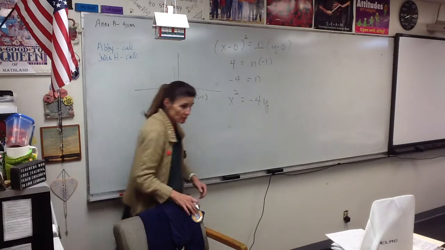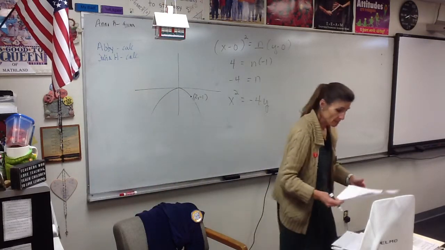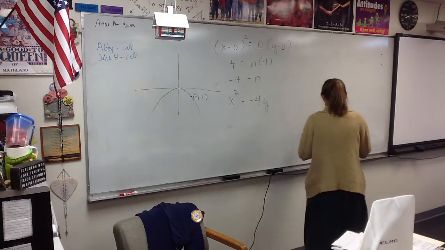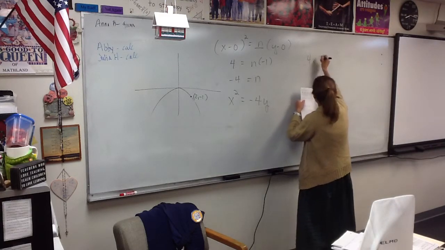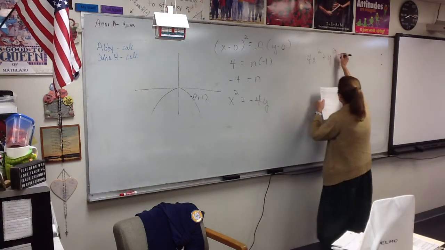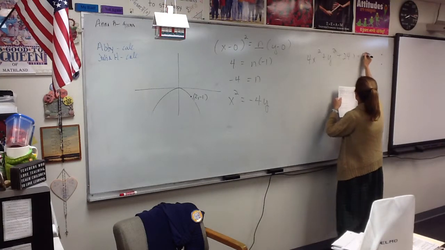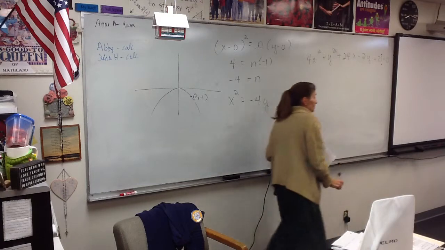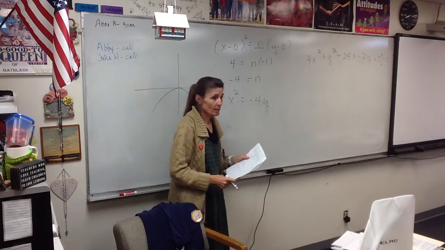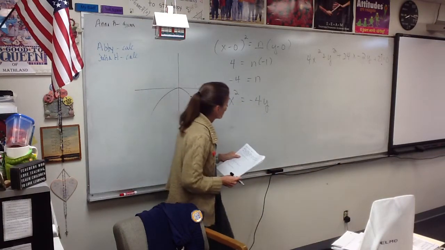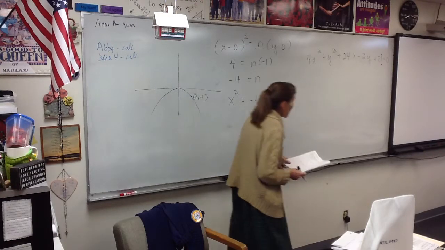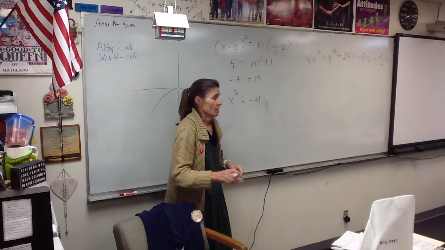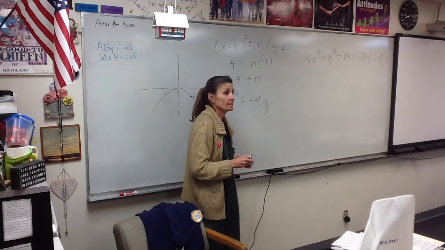Okay, now did you find your brief recap sheet? This is review now for us. So here we go. No rotation there. So you want to be able to look at it and tell me what we've got. What do we have here? An ellipse.